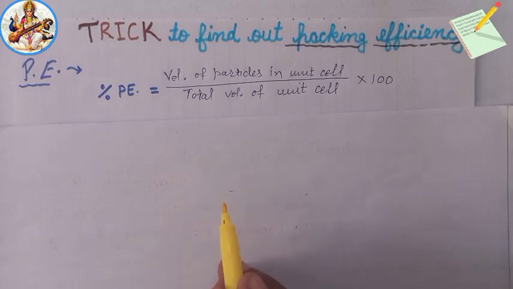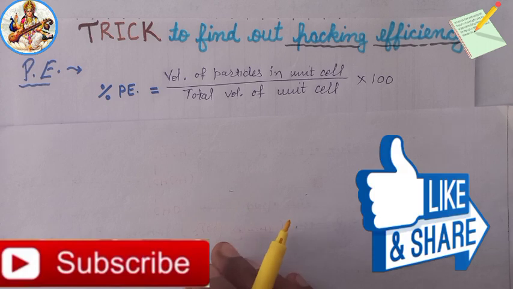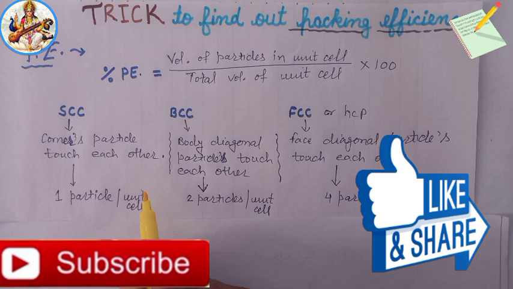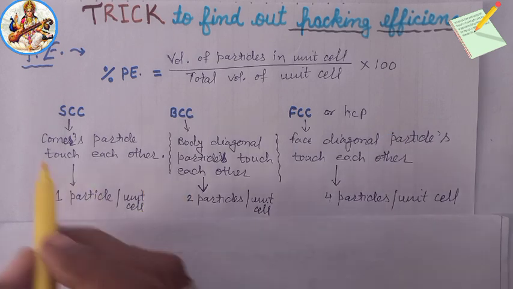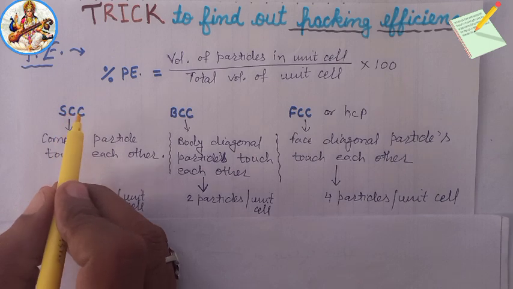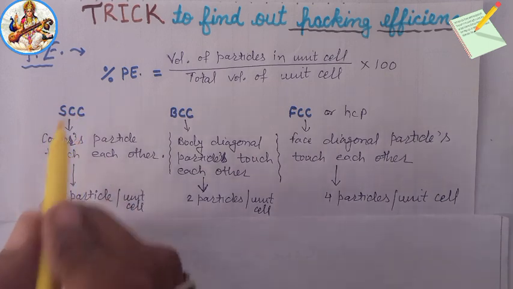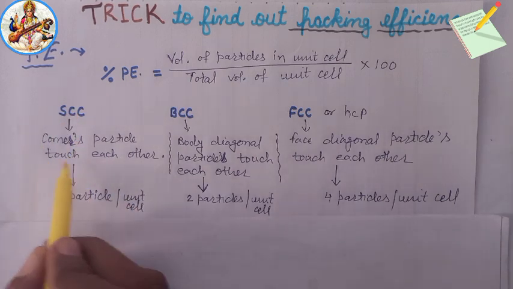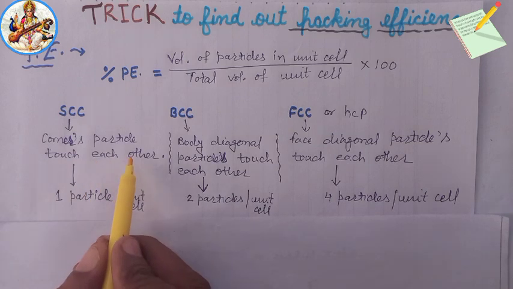This is the first video on YouTube in which you can easily understand how to find out packing efficiency. We know that in SCC unit cell, the particles present at the corners of the cube touch each other.